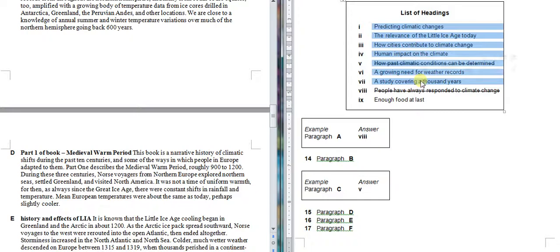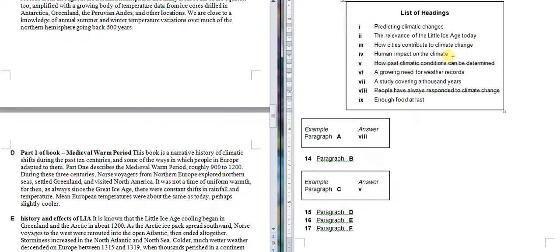Okay. Let's see. Definitely not B. Predicting climate changes? No. Cities? I don't think so. Human impact? No, I don't think so. Growing need for weather records?